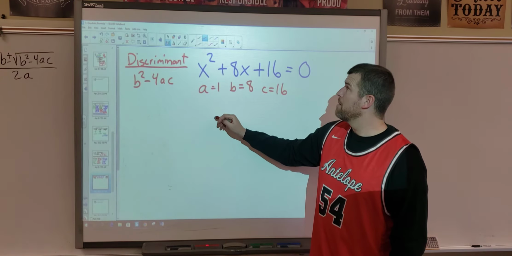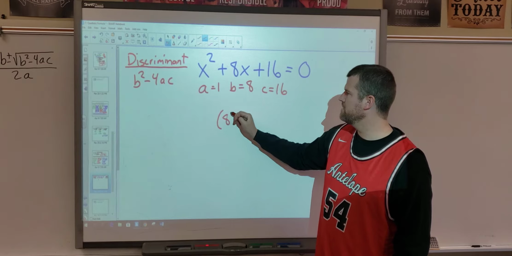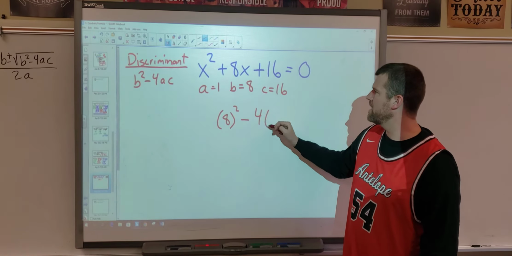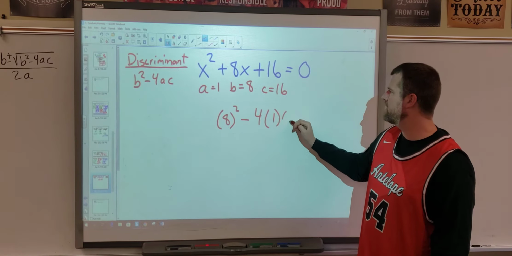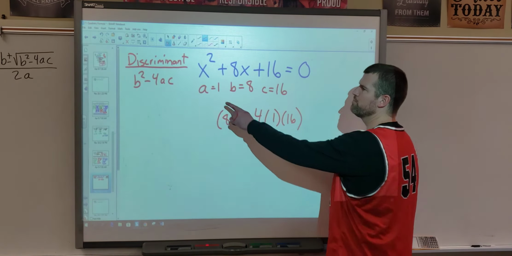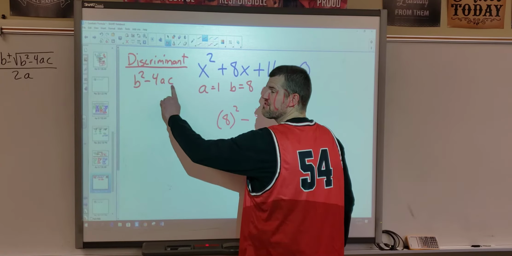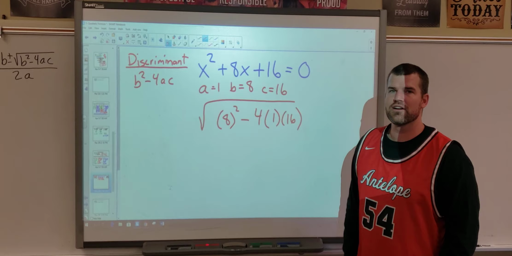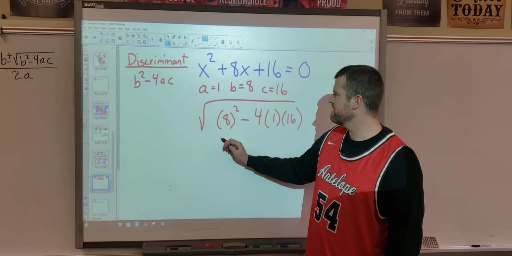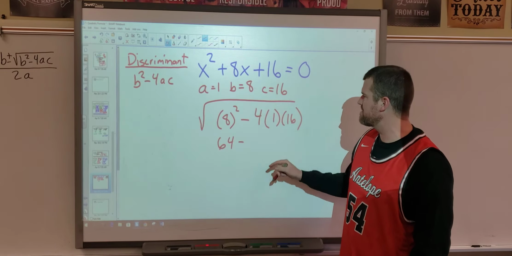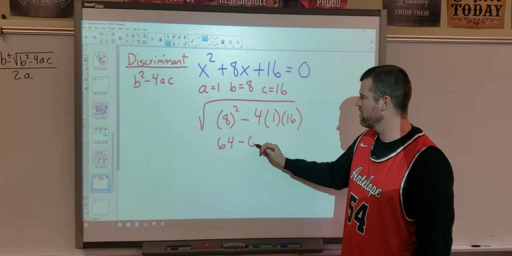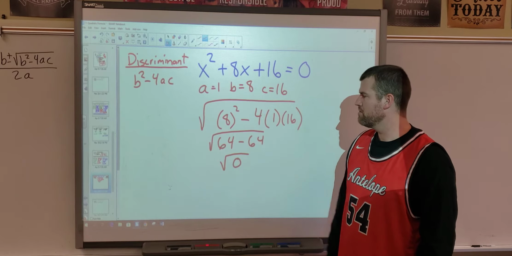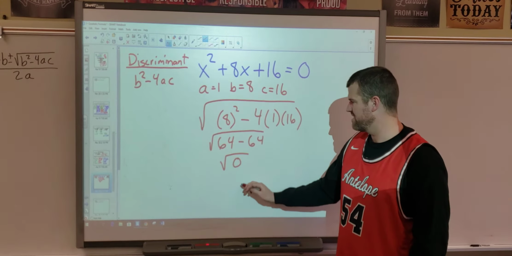So b squared, 8 squared, minus 4 times a times c. So again, we're plugging our a, b, and c into the discriminant, which is really the square root part of our quadratic formula, which gives me 64 minus 64, which means we really get the square root of 0.